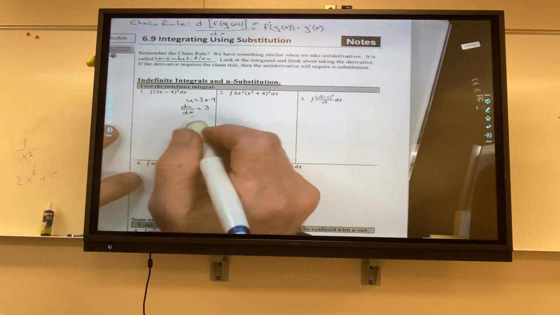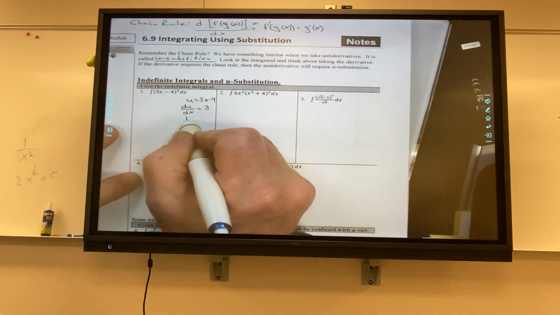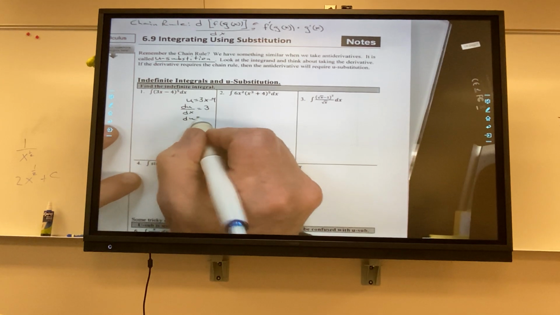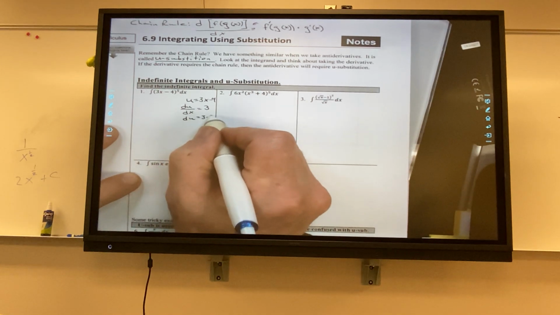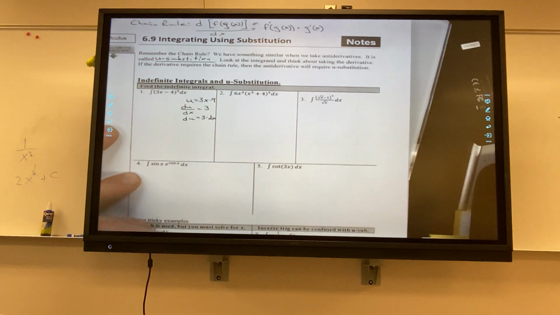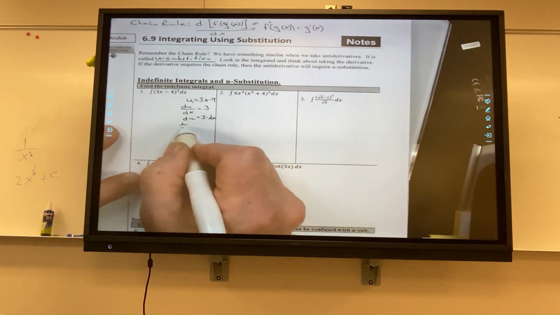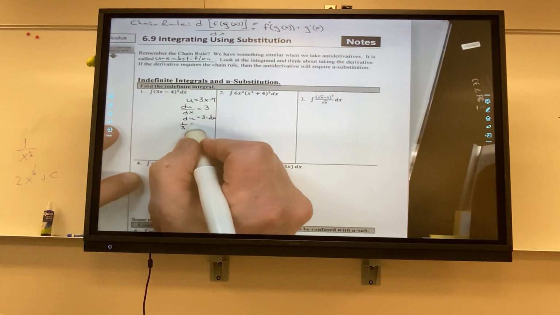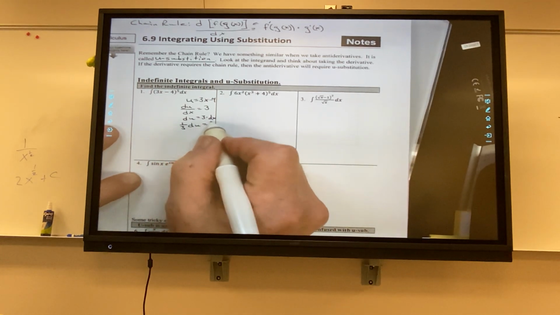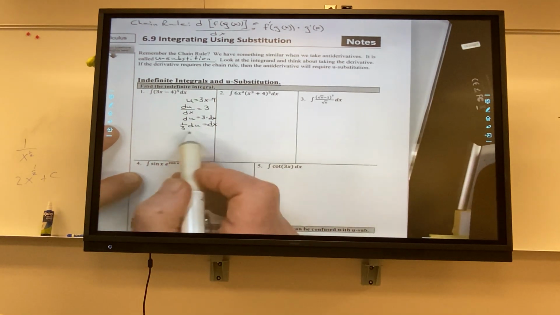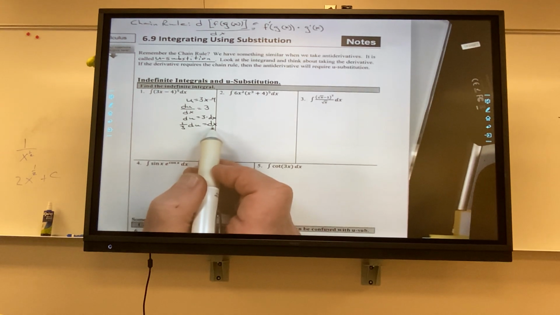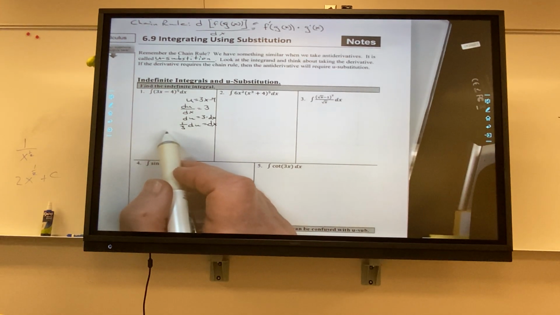Now what I'm going to do is multiply both sides by dx, and I get du is equal to 3 times dx. I want to get dx by itself, so I have 1/3 du equals dx. So this is what dx is in terms of u.